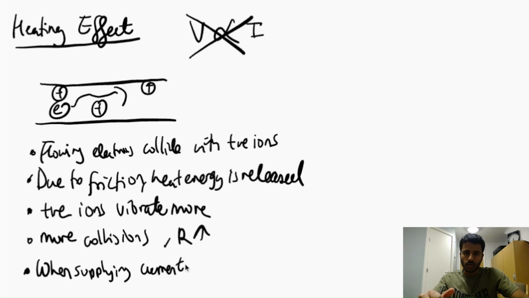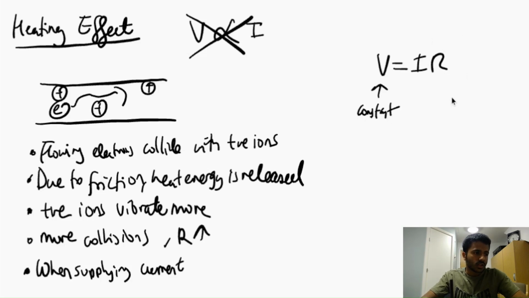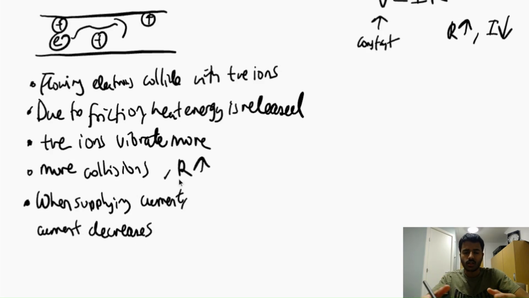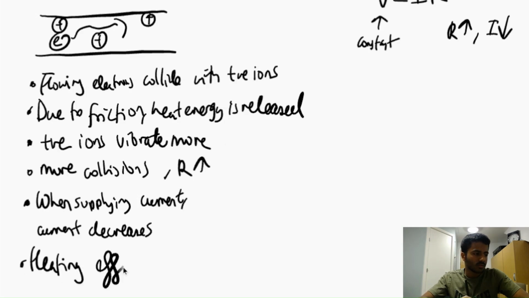We saw in the last video that for constant voltage, even if you use the V equals IR formula, if this is constant, as resistance increases, the current must decrease. So therefore, current decreases. This is known as the heating effect. And this is what you'll see in components such as the light bulb.